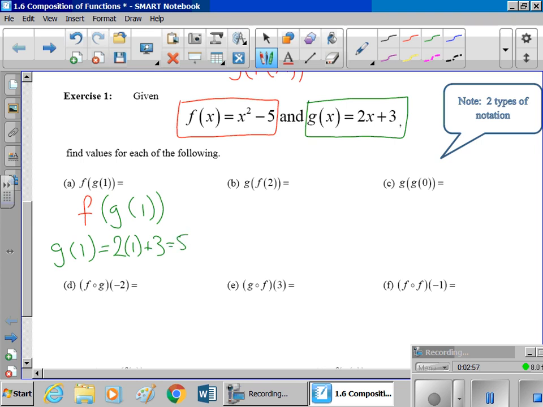And now we're going to take our g of 1, which is 5, and do f of 5. And f of 5 is going to be 5 squared minus 5, which equals 25 minus 5, which is 20. So f of g of 1 is equal to 20.